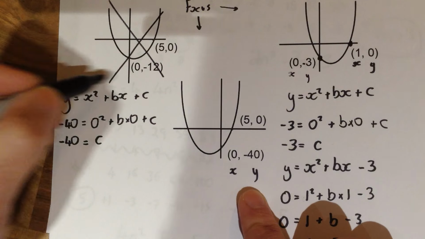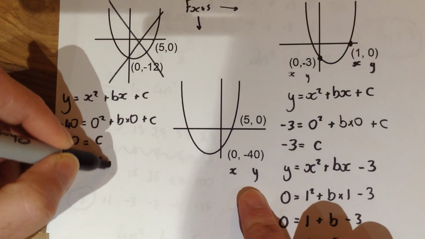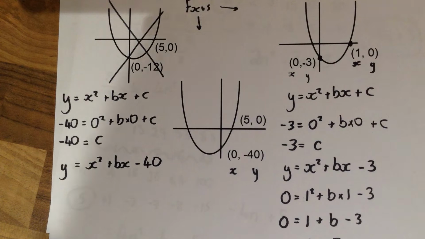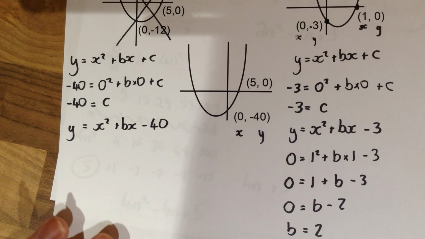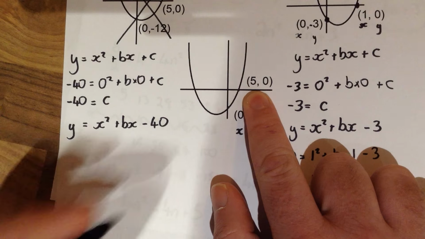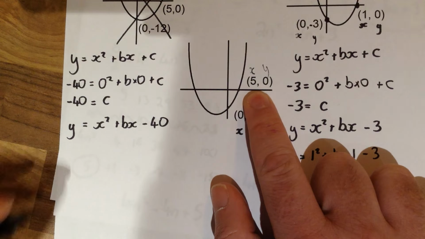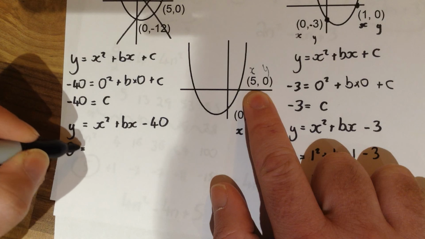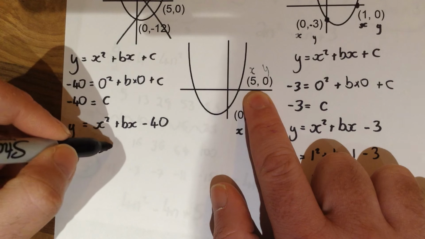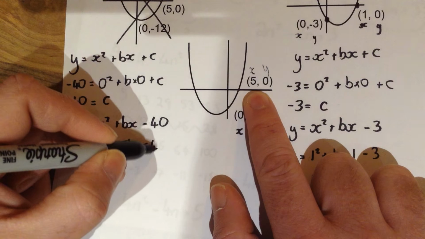I'm going to rewrite that equation again and replace the letter c with minus 40. So x squared plus bx and minus 40 instead of c. I'm now going to do the same process, but this time substituting 5, 0 into this equation. So x is 5, y is 0. If we do this, y is 0, x squared gives us 25, plus bx, so that's 5b, minus 40.